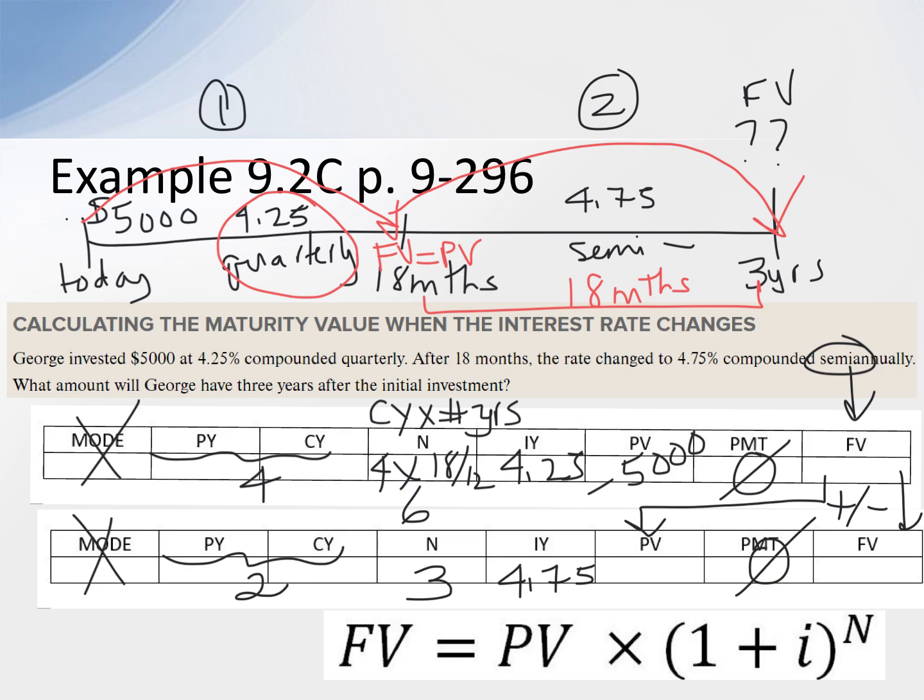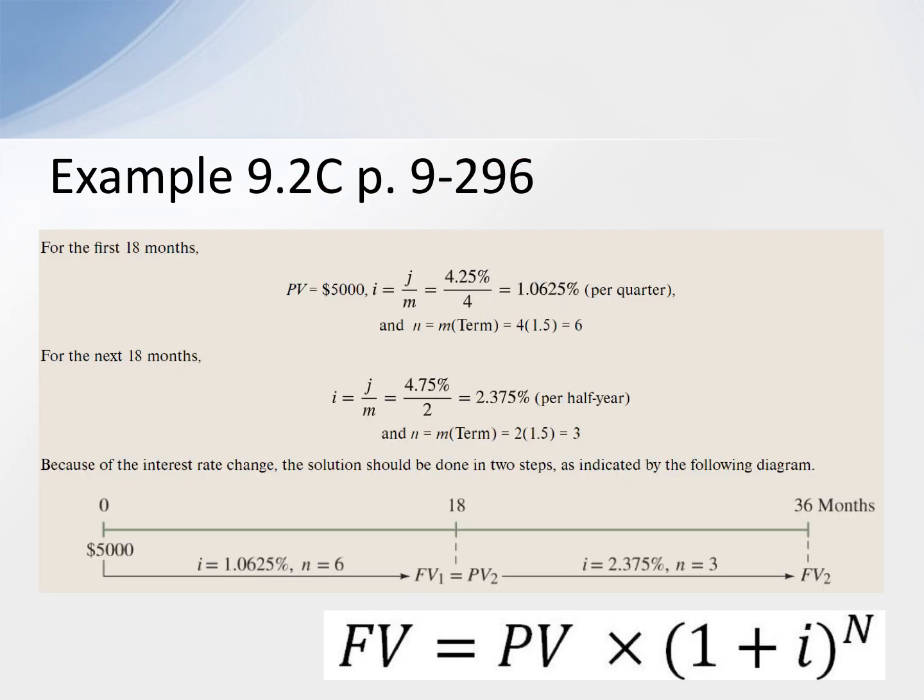Here you'll see some of the calculations for N, for example, 6 in the first part of this investment, 3 for the second part, with $5,000 being the initial PV. That would take us to here, and then our second segment to 36 months or 3 years.